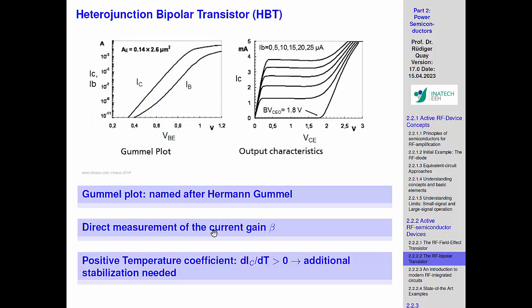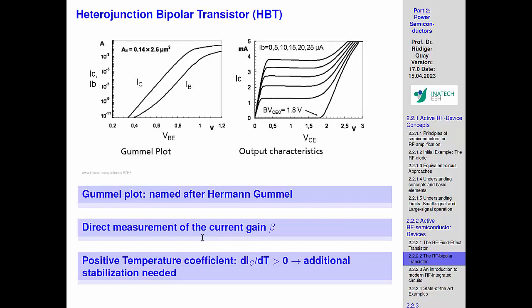In the bipolar, you have to check very carefully. This is again an input voltage plot. So there's an input voltage given, and you plot now two currents, the base current and the collector current. The important thing you see here is that both currents are put on an exponential scale.